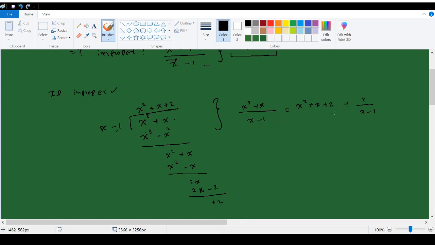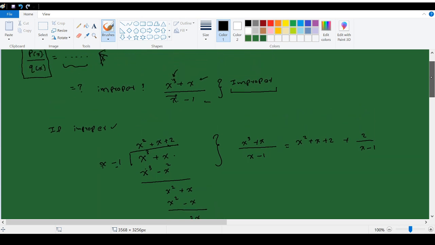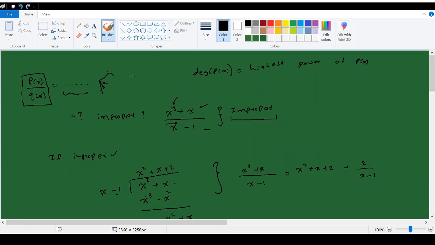As a summary, what we did was we were trying to find the partial fractions for this unit, right? And I said there are 4 methods, 4 categories to compute partial fractions.